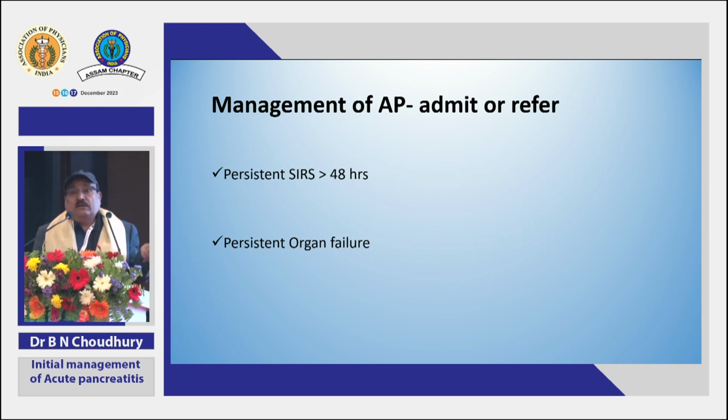Then organ failure: if someone has persistent organ failure, that means organ failure persisting for more than 48 hours, we should refer to a hospital where all facilities are available.